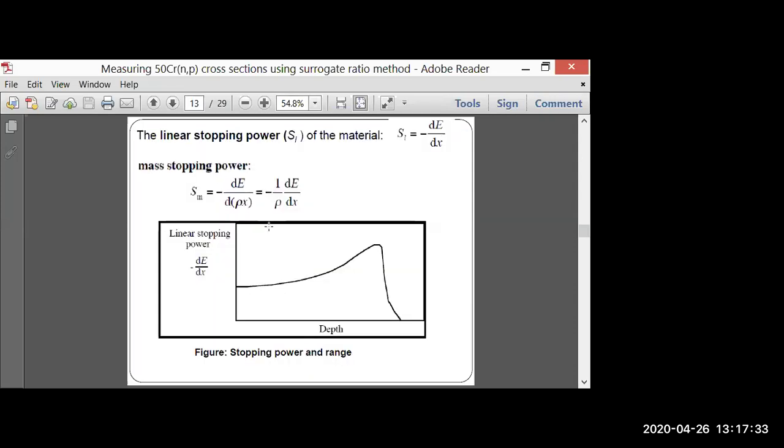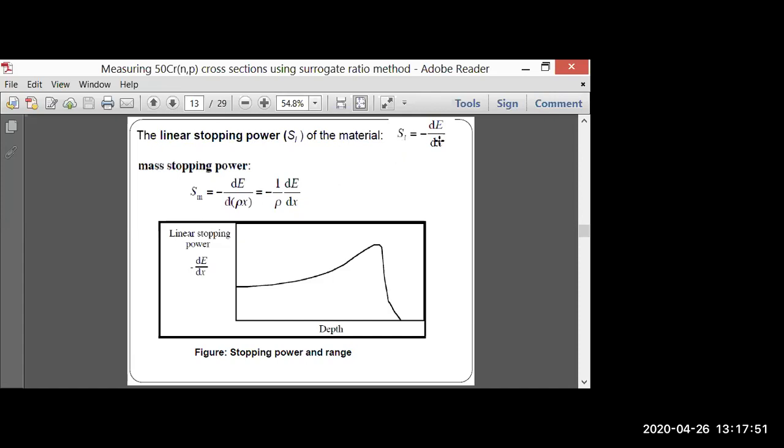Then we talk about the stopping power. As we know the meaning of stopping, when you enter the material, somewhere you have to stop. There is a term, linear stopping power, S_L, L for linear, equal to -dE/dx.